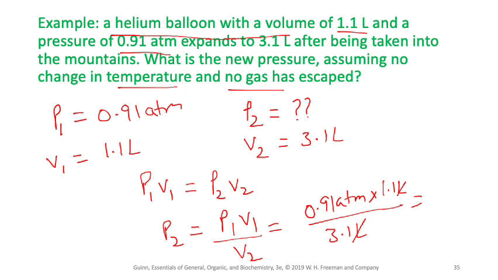Then your final answer will be 0.32 atm. So the final pressure after the gas expands is going to be 0.32 atm. And it makes sense because the volume increases. If the volume increases, then the pressure should be lower than 0.91, which is 0.32, right? It makes sense. So this is how you can cross-verify your answer too.